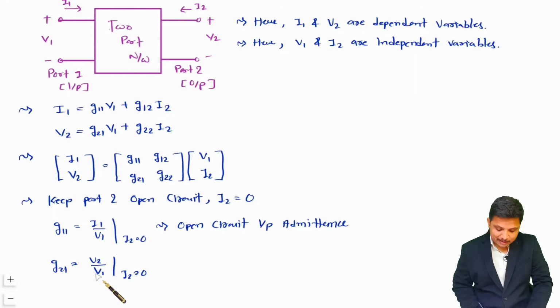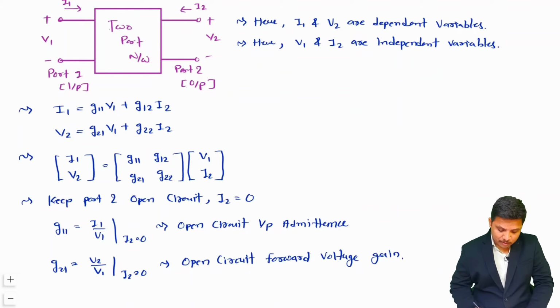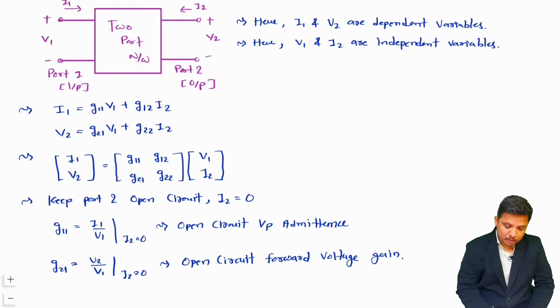So this is the open circuit forward voltage gain. Forward, because it is output by input voltage. As for measuring G12 and G22, in that case you should set V1 equals 0, and to do that, we should provide a short circuit at the input.